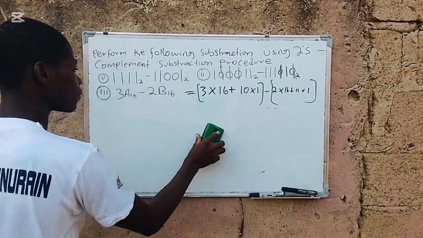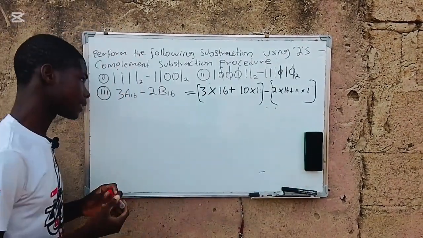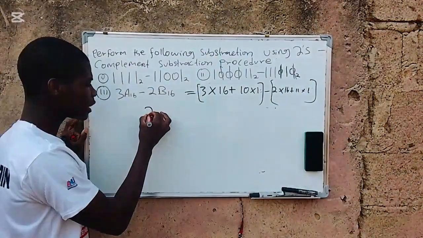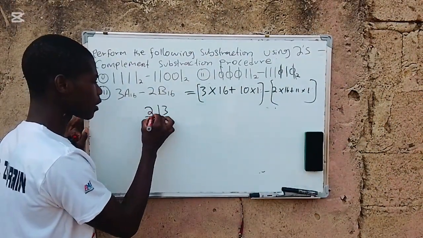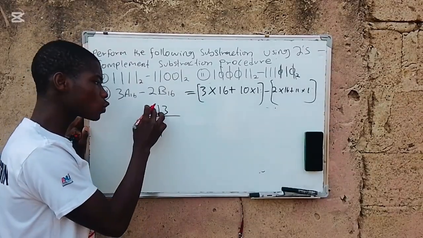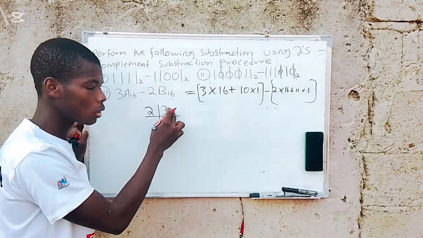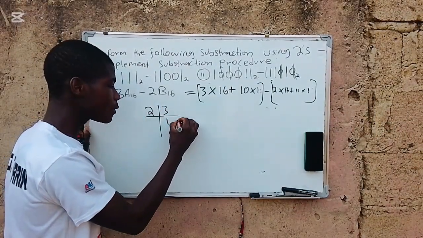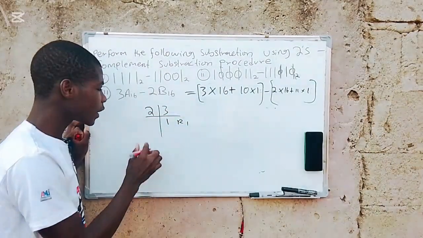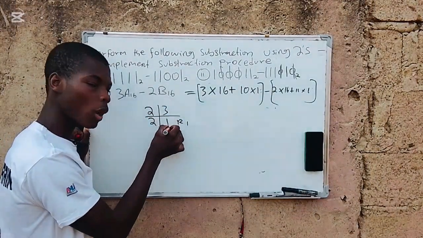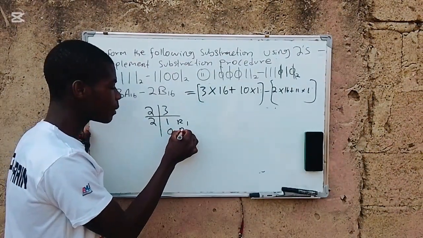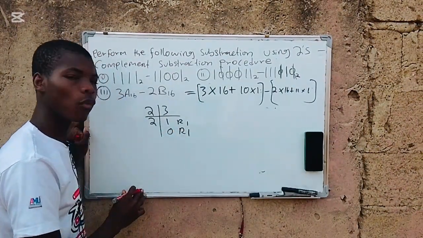So first, what is 3 in binary? I say 2 into 3: 2 can go into 3 one time with the remainder of 1. And 2 can go into 1 zero times with the remainder of 1 again.